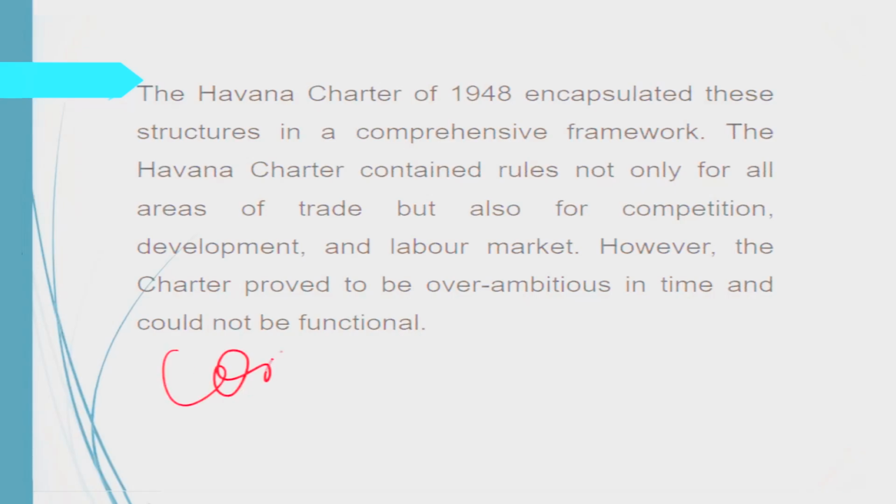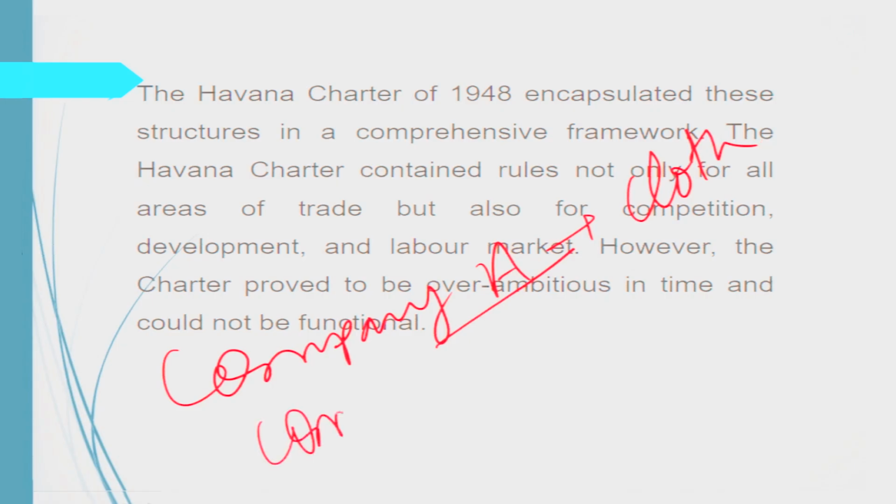So the Havana Charter contained rules not only for all areas of trade but also for competition. Now competition here doesn't mean the negative aspect of competition. I explain it like this. Company A manufactures cloth, company B also manufactures cloth.